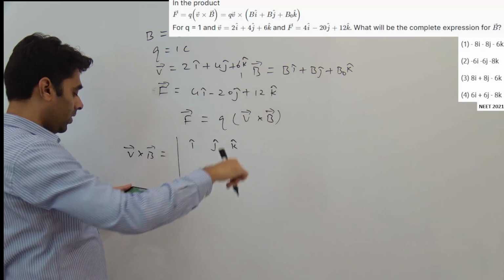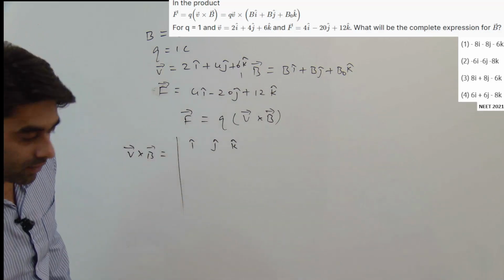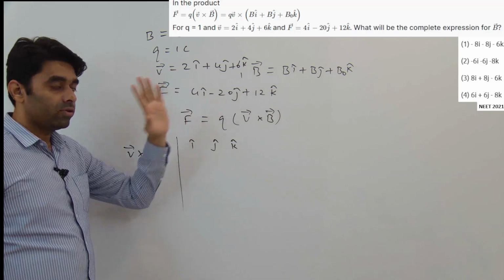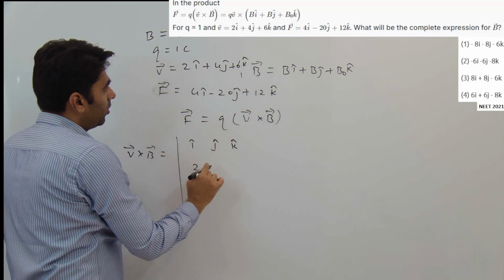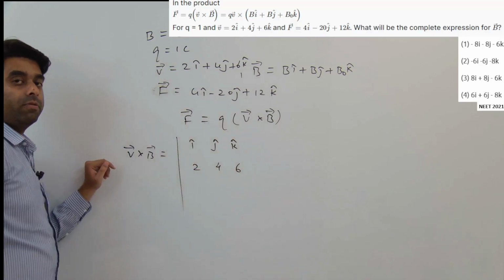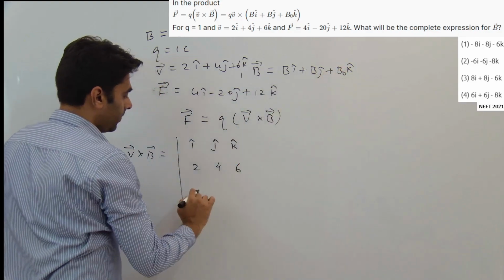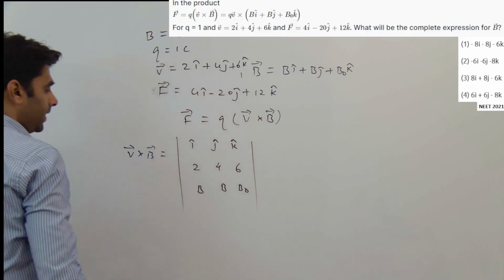Force is 4I minus 20J plus 12K. Velocity is given to us 2I plus 4J plus 6K cap. So in the second row, coefficient of velocity 2, 4, 6. In the third row, coefficient of magnetic field B, B, B naught.